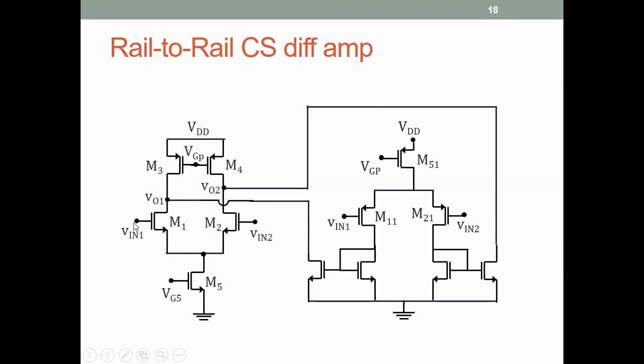Then make VC very high, so the PMOSs are off and this whole section is off. The NMOSs are on, so of course you know the differential gain is just that of this differential amplifier. And then have both of them on, solve, and find the differential mode gain.